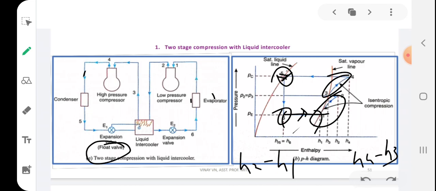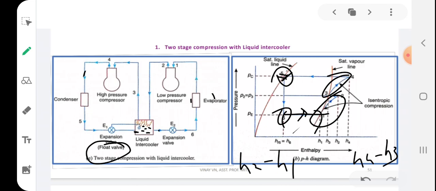So what is the use of this floating valve? This float valve helps to maintain the liquid level here at a constant level. So in order to maintain the liquid at a constant level, this floating valve is used.